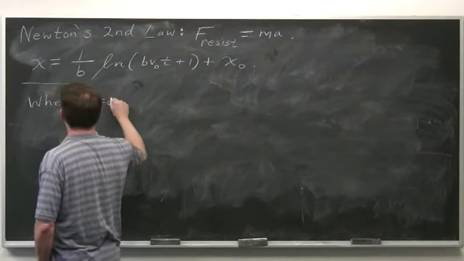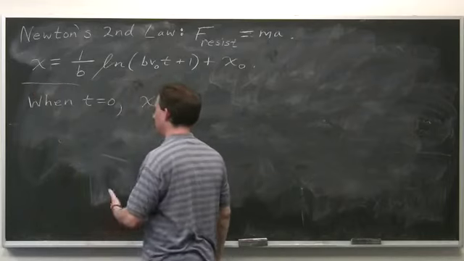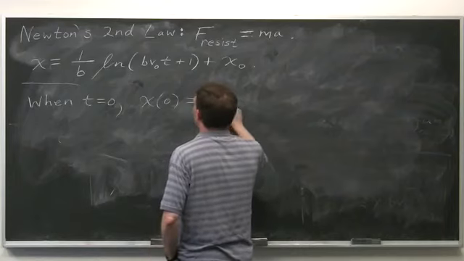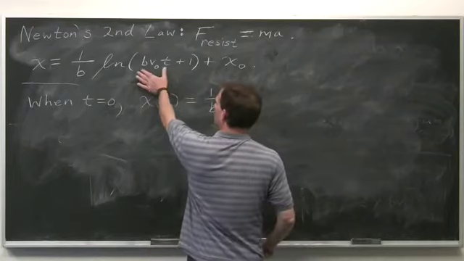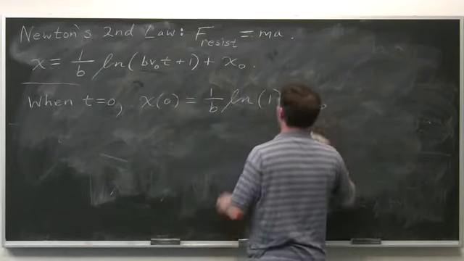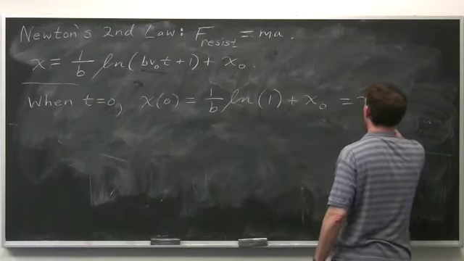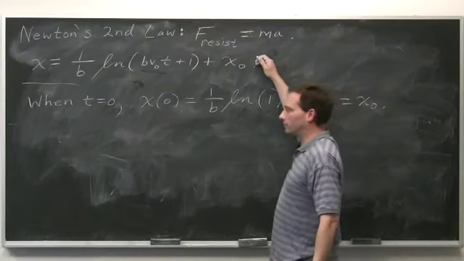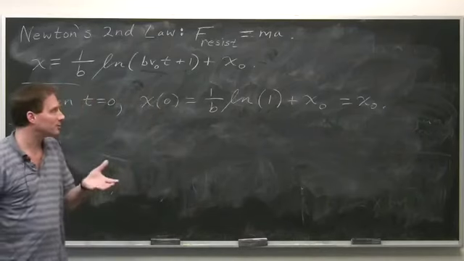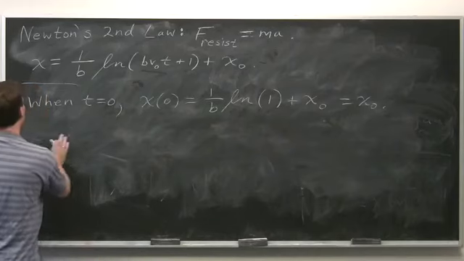When t equals 0, we get the value of x at time 0, that's just x naught. It would equal 1 over b times the natural log. If t is 0, this part's 0, that's a 1 plus x naught. But the natural log of 1 is 0, so this is 0, and so you get x naught. So yes, the x naught in this formula is the value of x at time 0. Well, that's good, because otherwise we shouldn't be denoting that constant by x naught.